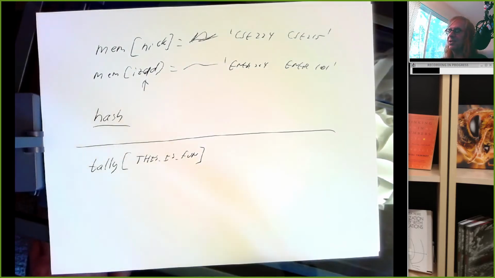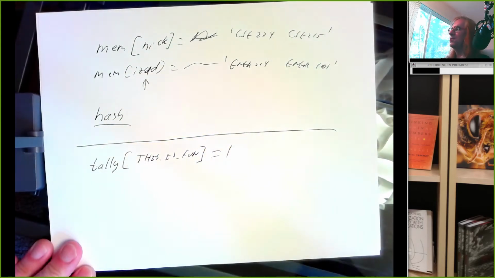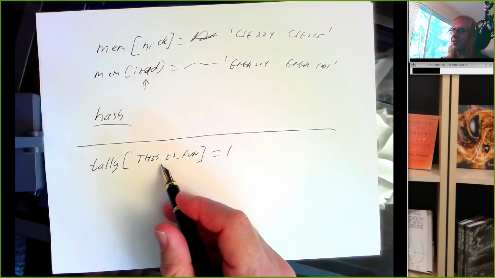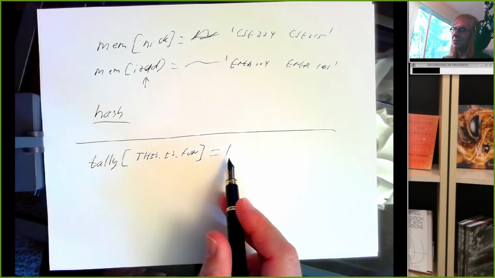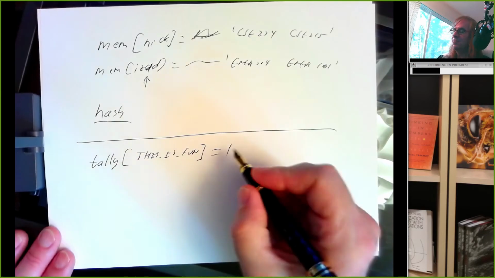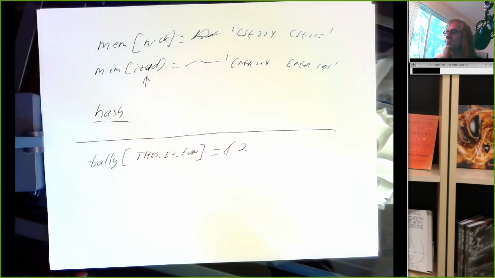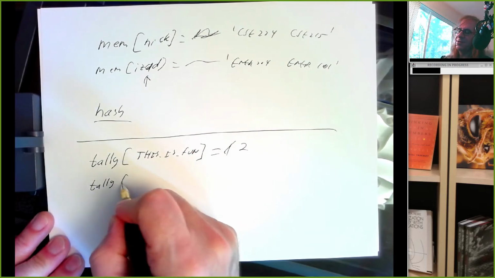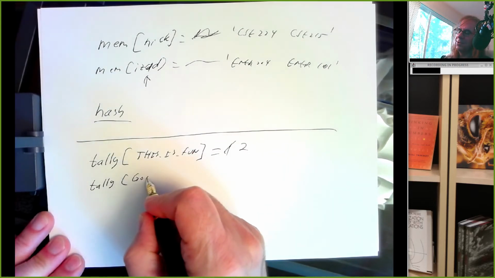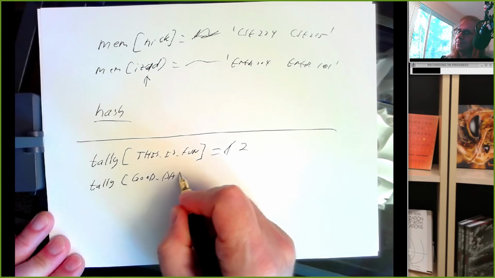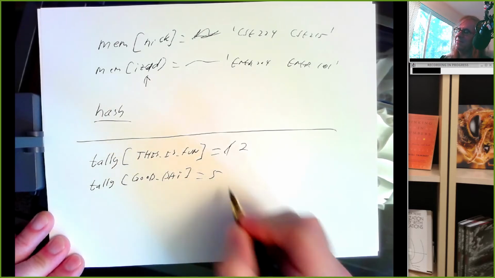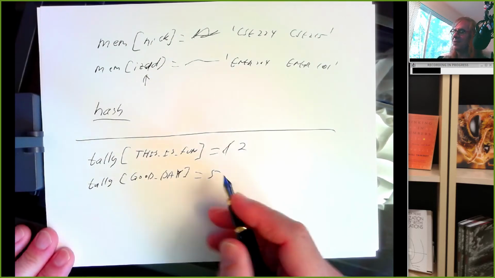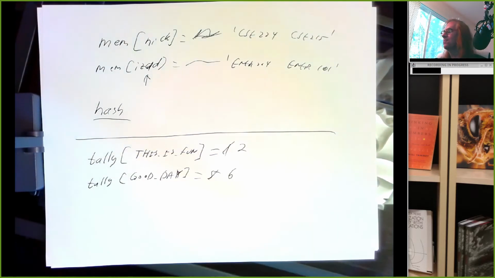And if we've never seen it, we're going to set this equal to 1 to say, hey, we've seen this once before. The next time we encounter this phrase, we're going to look in our array and say, hey, we've seen this once before. We're just going to increment that to a 2. And the next phrase we see maybe is something like good day. And maybe we've seen that 5 times. So we'll use that phrase, look up the tally. Hey, we've seen it 5 times. We'll increment that to 6.